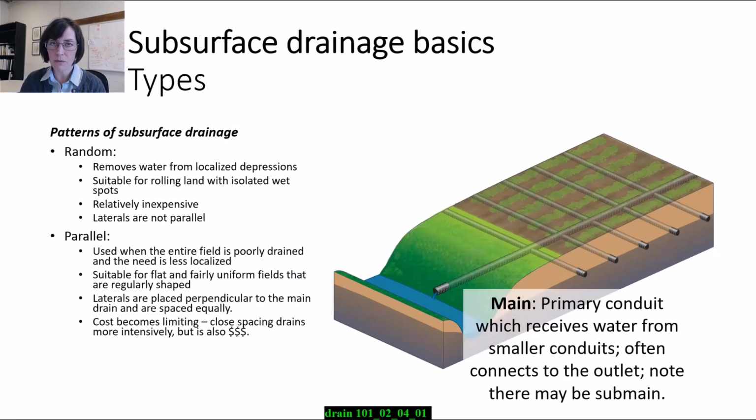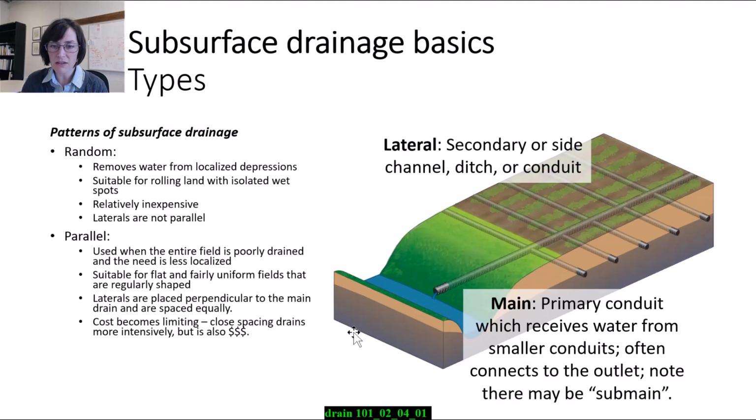So what do I mean when I say main and lateral? The main is the primary conduit that receives water from smaller conduits. The main is often connected to the outlet, or the main is the outlet. So you see the outlet here. And then the laterals are the secondary or side channel ditches or conduits. So the laterals are what connect to the main. Think of it like a tree. The branches are the laterals.